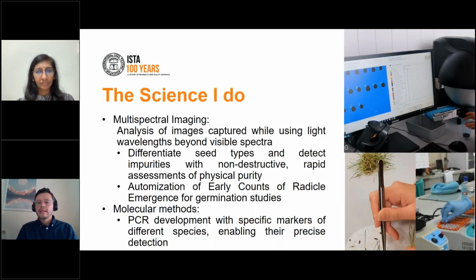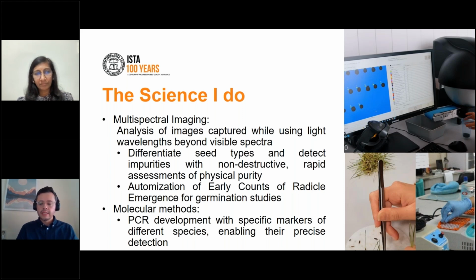This is the science I do. I keep myself busy with two main topics regarding seed quality testing. One is multispectral imaging. That means the analysis of images captured while using different light wavelengths beyond the visible spectrum.